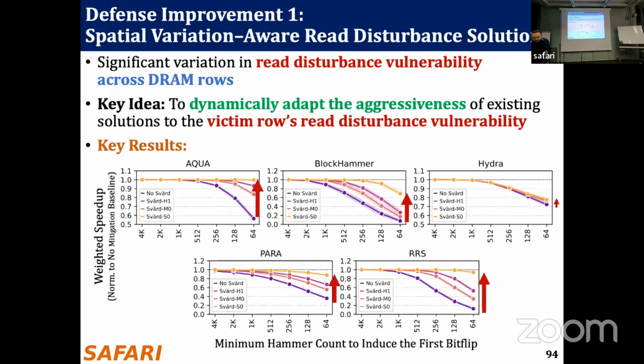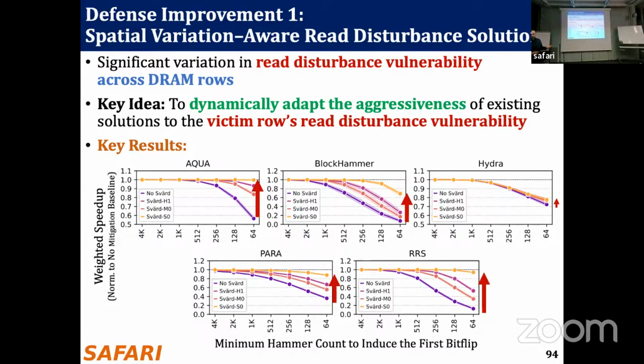And we actually looked at some state-of-the-art RowHammer defense mechanisms, AQUA, BlockHammer, Hydra, PARA, and RRS here. And we observed that as the minimum hammer count to induce the first bitflip on the x-axis goes lower from left to right, these mechanisms observe some significant performance degradation because of aggressively mitigating RowHammer attacks.